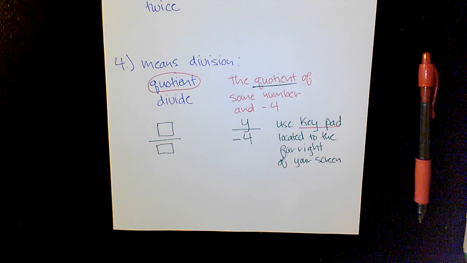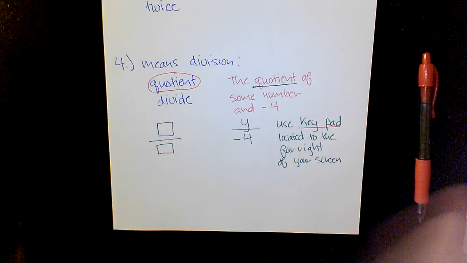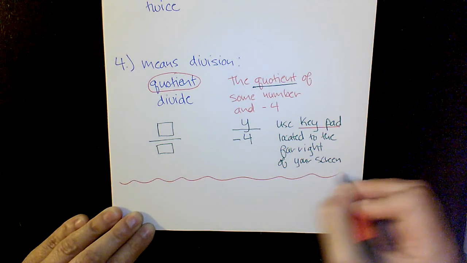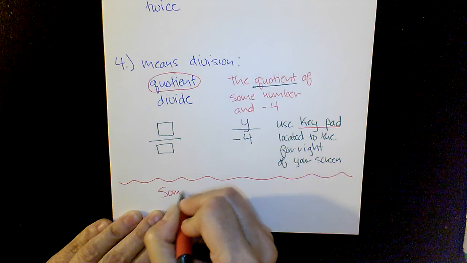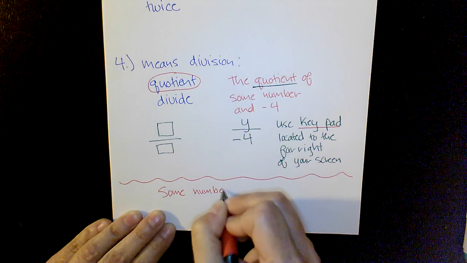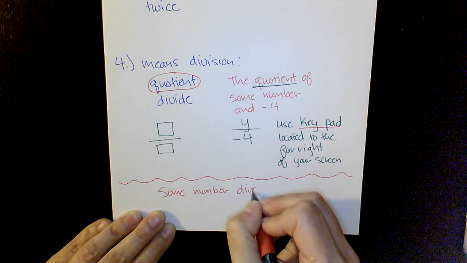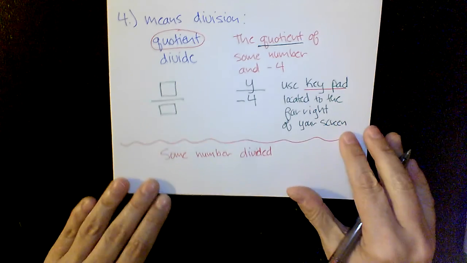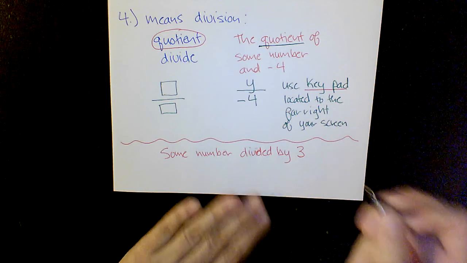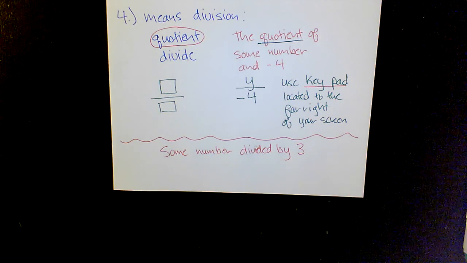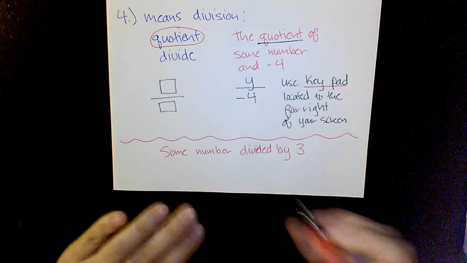So again, division, if you see quotient, or you could see something like 10 divided by 2, 10 divided by some number, 10 divided by X. Another example: some number divided by 3.